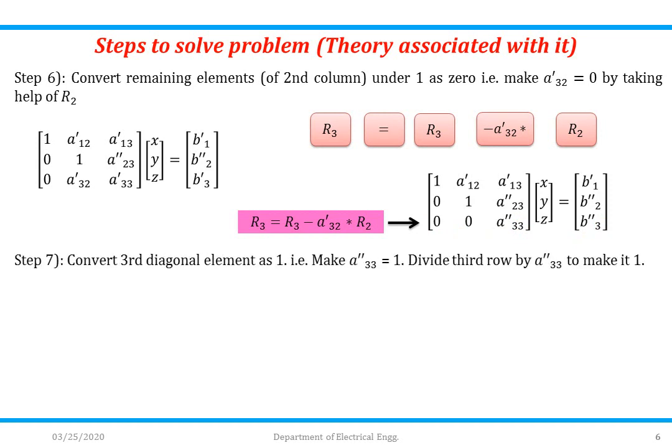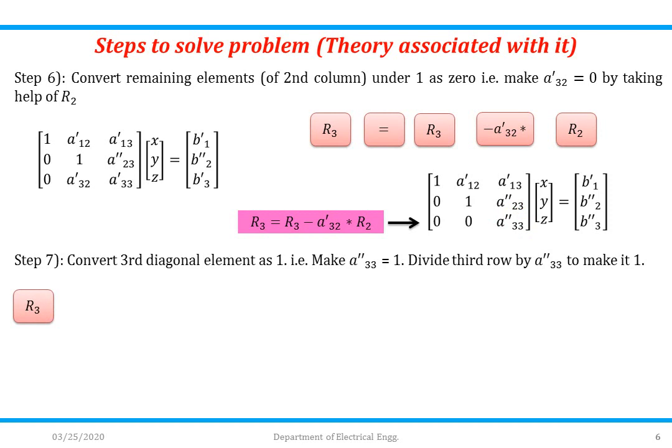Okay. Next step, step number 7. Convert the third diagonal element to 1. That is, make A double dash 33 equal to 1. I want to make this diagonal element 1. So how to make it 1? I want to divide this number by this number only, so that the answer will be equal to 1.